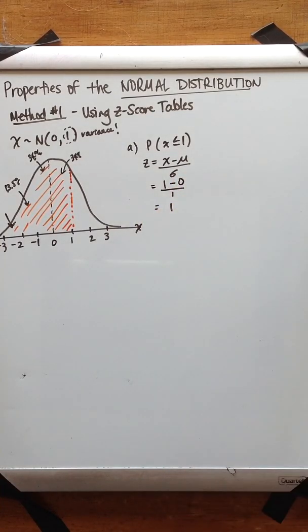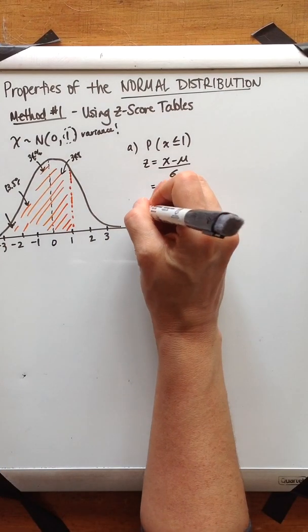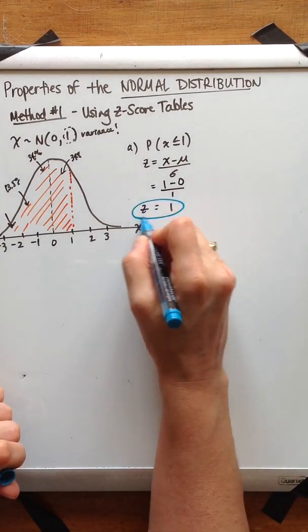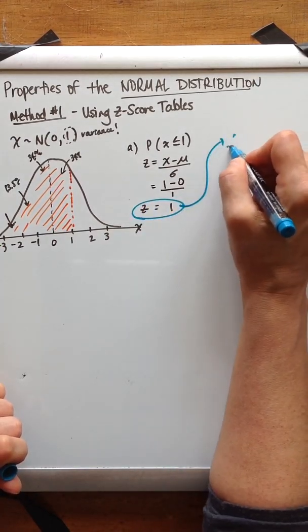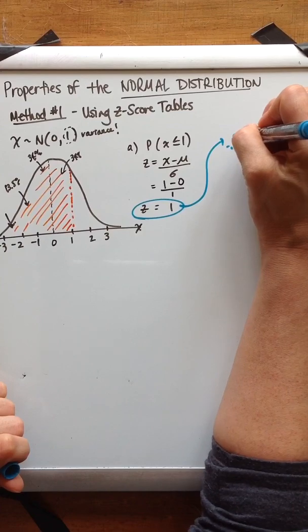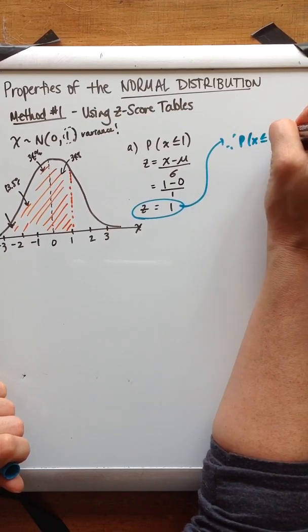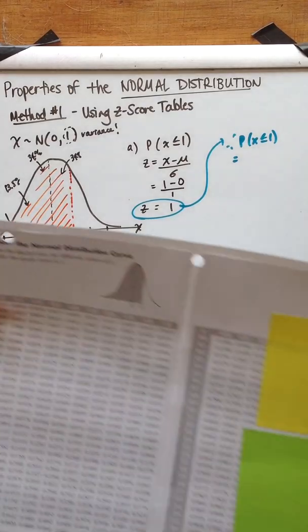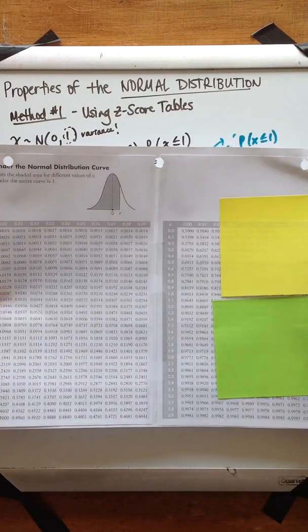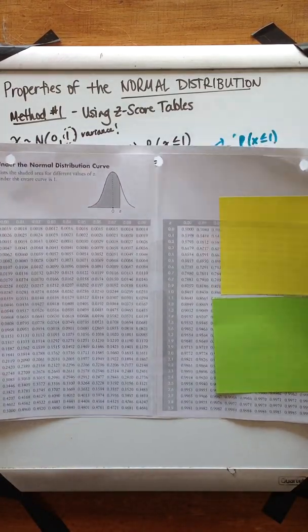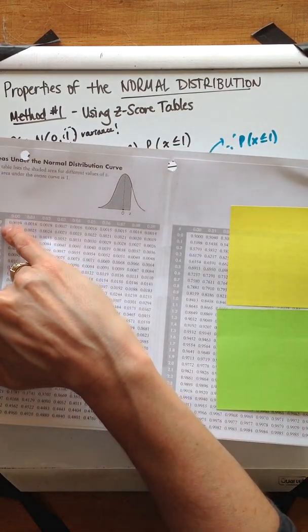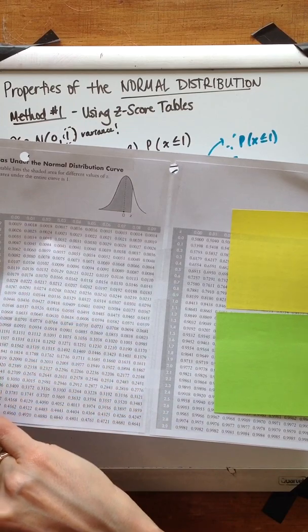So what I'm going to do now is convert this value, this z-score of 1, into a probability, okay? And I'm going to do it using the table. So when I go to this table, I see that there are some negative z-score values starting at negative 2.9 and working their way up to 0.